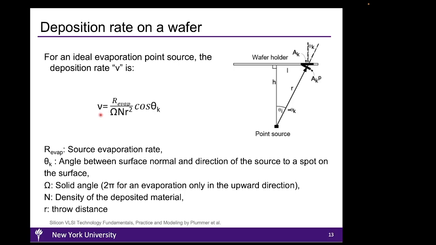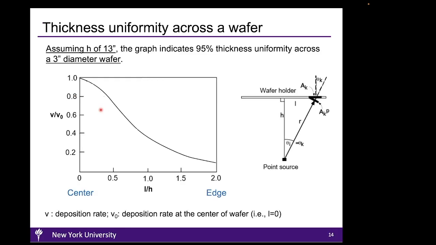Using the equation here and assuming a fixed source evaporation rate, or evap, we can plot the deposition rate as a function of the position of the spot on a wafer. The deposition rate here in this plot is normalized relative to the rate at the center of the wafer.